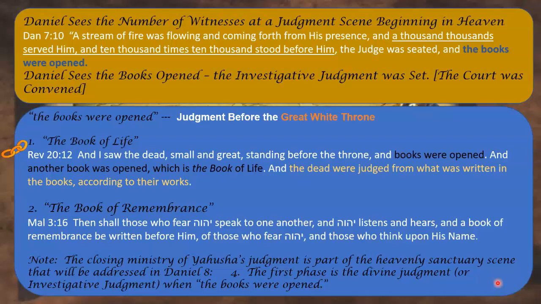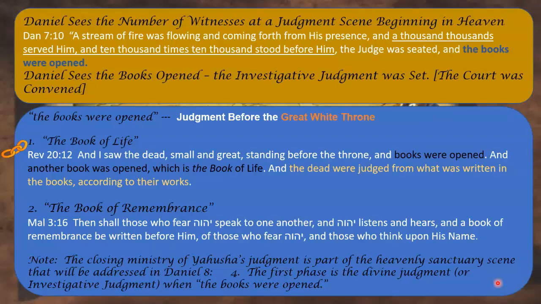So the books were open. This is the judgment before the great white throne. If you'll go ahead and read about the book of life. The book of life, Revelation 20:12. And I saw the dead, small and great, standing before the throne, and books were opened.